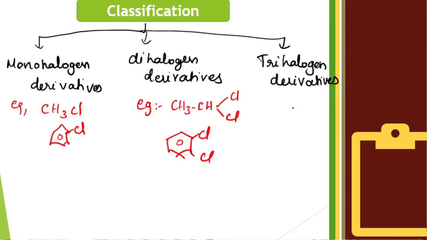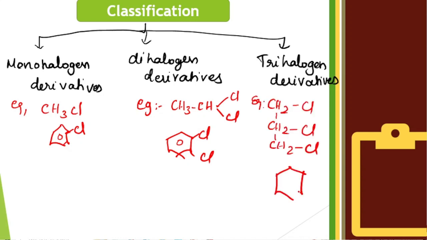How can you write the example for trihalogen derivatives? CH2, CH2, CH2 you can write, and Cl will be attached. So three Cls are attached, right? Similarly, in the benzene ring also, three Cls can be attached. So this is your trihalogen derivatives.